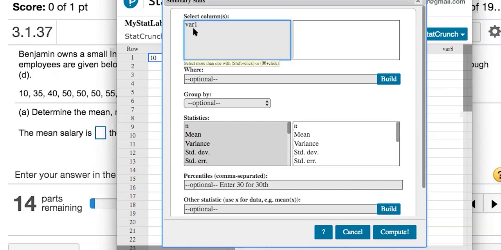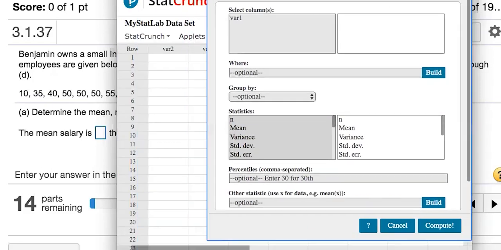Wait, was it variable 1? Why is it only giving me variable 1? I've lost my rows.